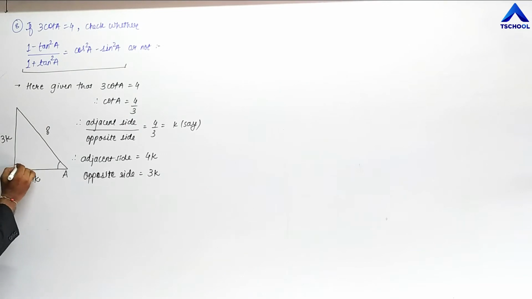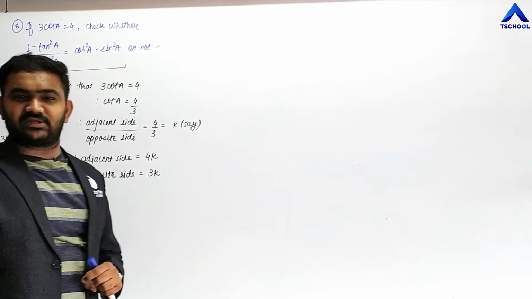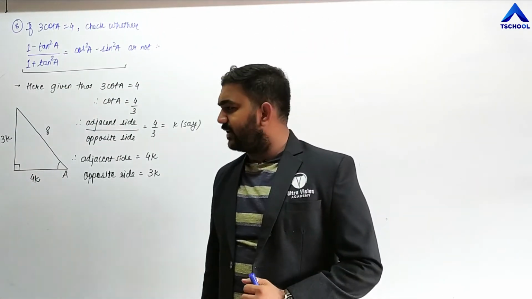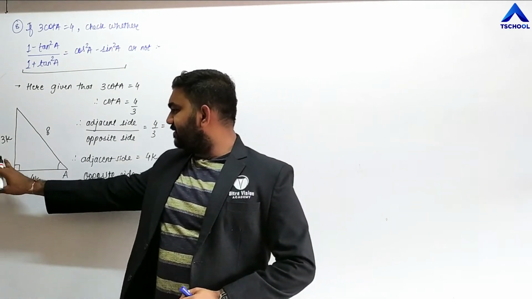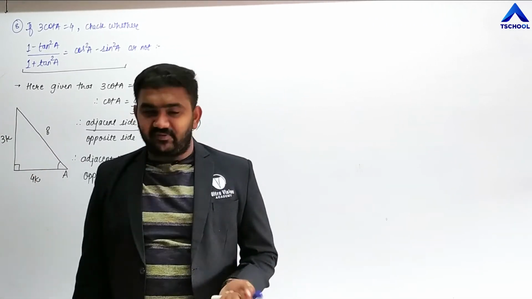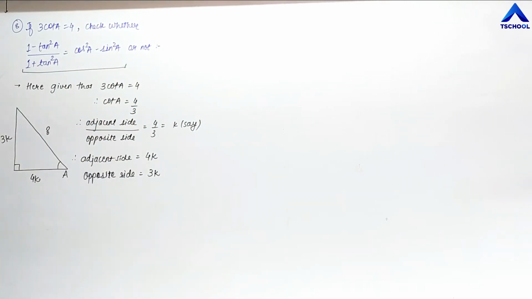So friends, now what we are going to do is remember some Pythagoras triplets. Pythagoras triplets in the sense that whenever you are given adjacent side and opposite side, the third side is already fixed, or you can also use the Pythagoras theorem. Is it clear or not?